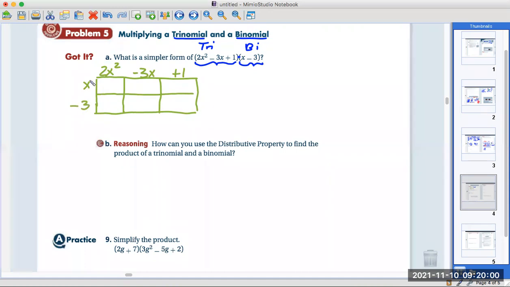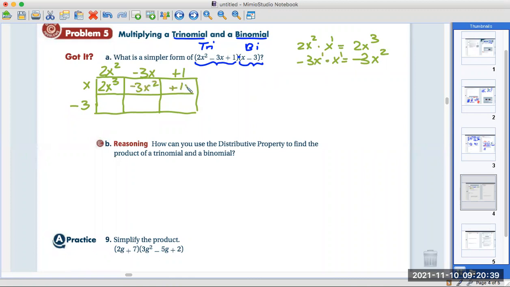Again, we're going to multiply the box out. So I'm going to go up and over and multiply. So 2x squared times x, up and over, you're multiplying. That's 2x cubed because you're adding the exponents. Next one, negative 3x times x is negative 3x squared. We're multiplying powers, add the exponents.